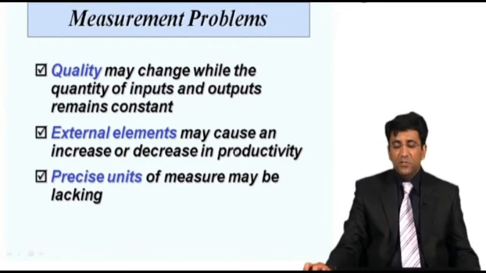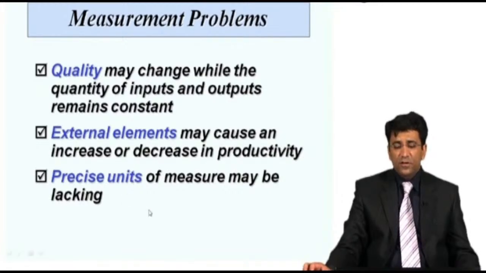Then external elements may also cause an increase or decrease in the productivity. Now we are taking into account the different inputs as our denominator, but there may be different other factors which can contribute towards productivity. So we'll have to take into account what may be the external elements which can affect our productivity.